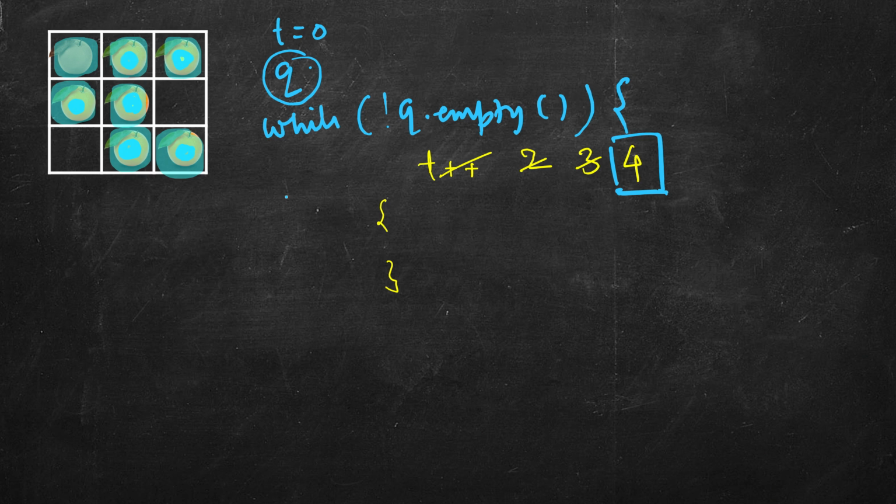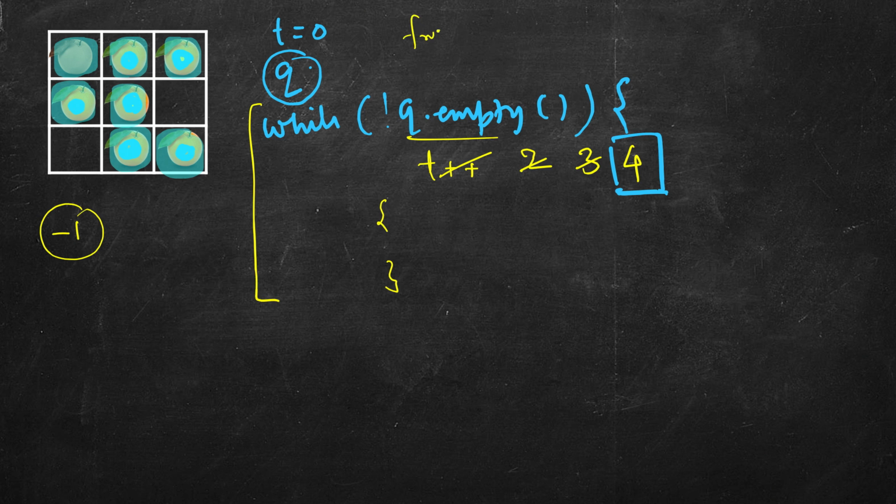So let's see. Then there is one more scenario that I had said, that we may have to return -1 if some orange was not reachable from the spoiled orange. So how will we do that? While looking for spoiled oranges, in the first step where we inserted the originally spoiled oranges into the queue, there also we will compare if it's a fresh orange or not.